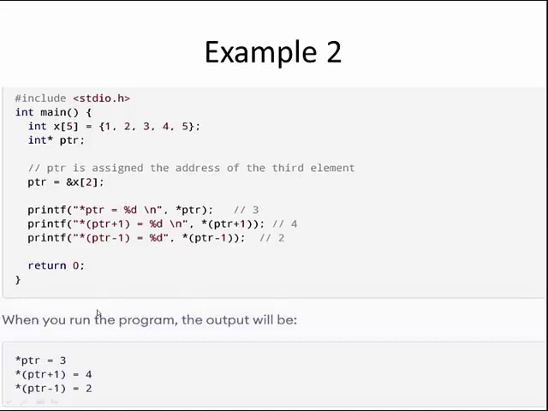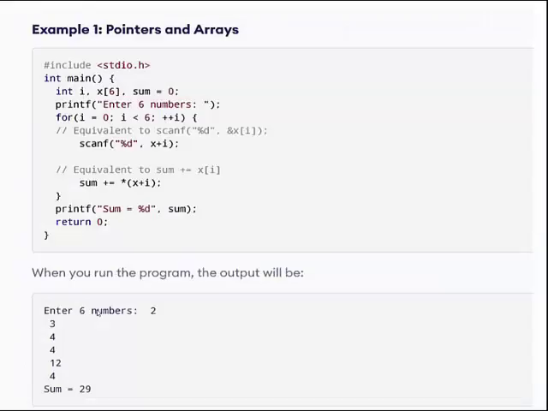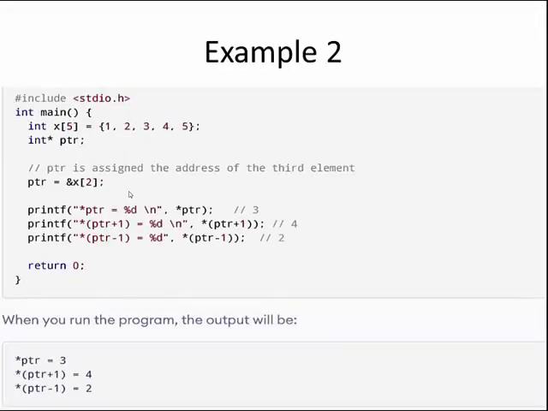Okay. The difference between example 1 and example 2 is that in example 1 we have not used any pointer. But you'll say, sir, we have declared the asterisk sign, so it is a pointer. No, we have not declared it, but we have used it, because we are discussing the relationship between pointer and array. But in this particular case, we have declared a pointer, and the pointer has been assigned the address of an array element.